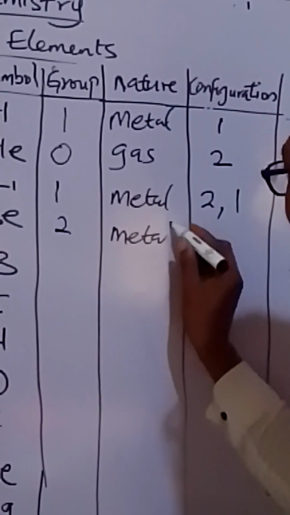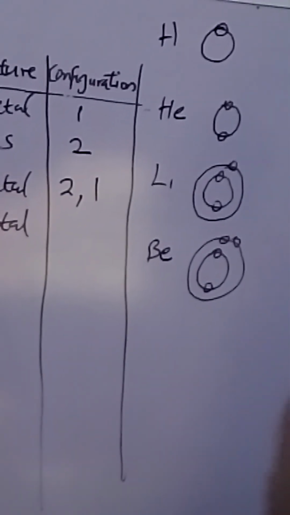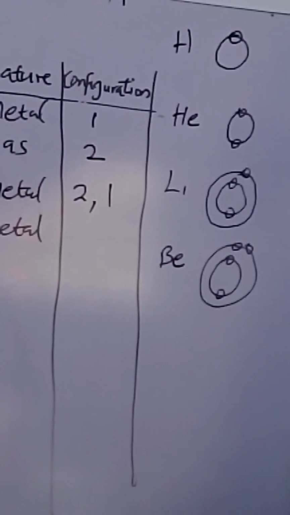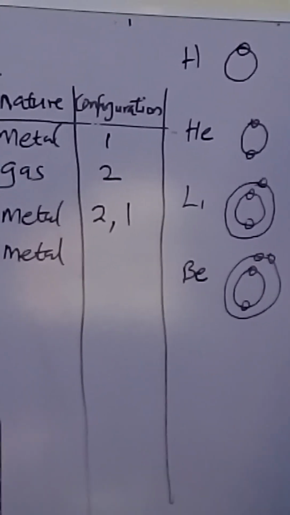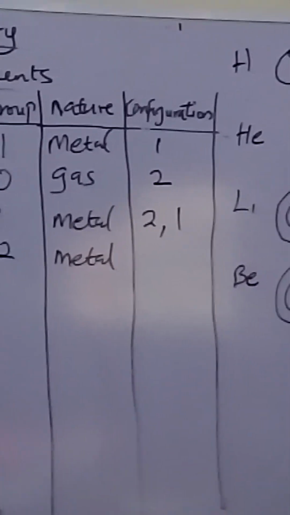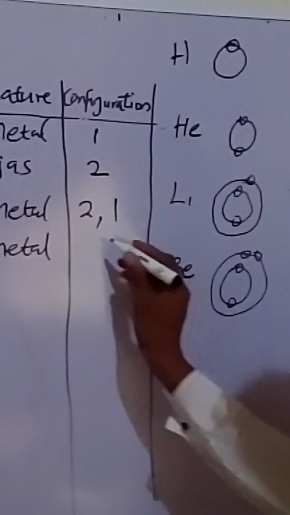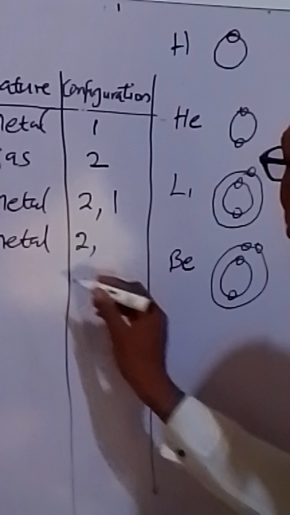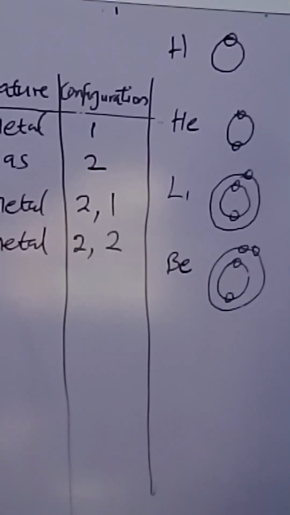Remember, every element that has 1, 2, or 3 in the outermost shell belongs to the metal group, as far as the first 20 elements that we are talking about is concerned. So what's the electronic configuration of beryllium now? The electronic configuration is 2 filling the first shell, and then 2 in the outermost shell.